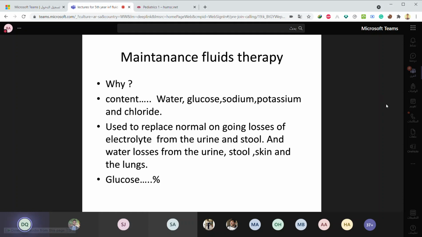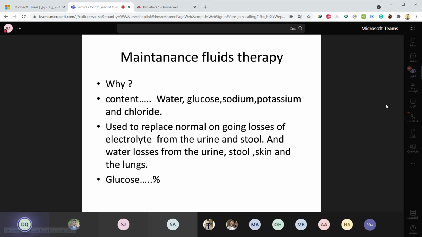So maintenance fluid therapy, why do we give it? In this case, I mean IV fluid for maintenance purposes. And what's the content? The content is water as well as glucose, sodium, potassium, and chloride.